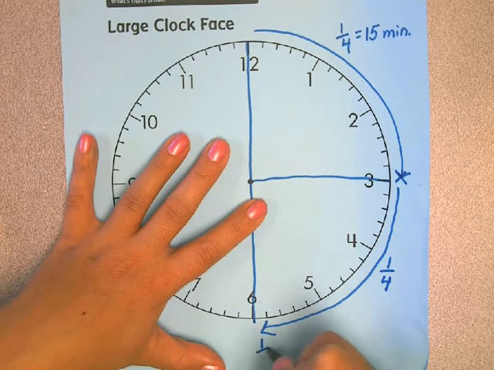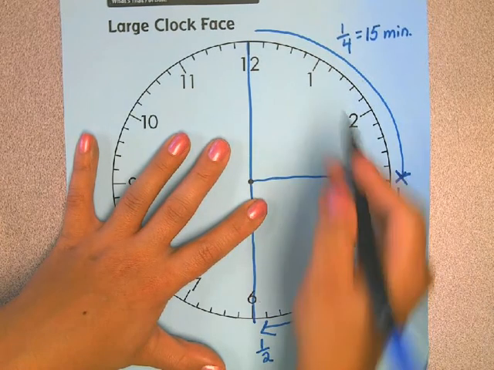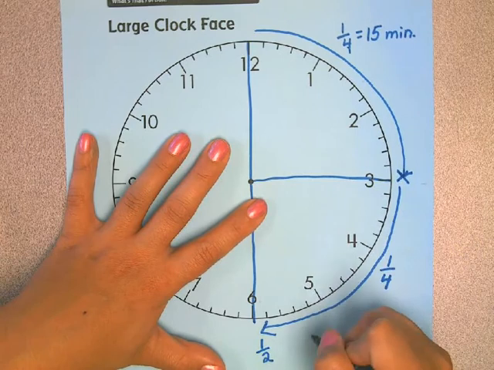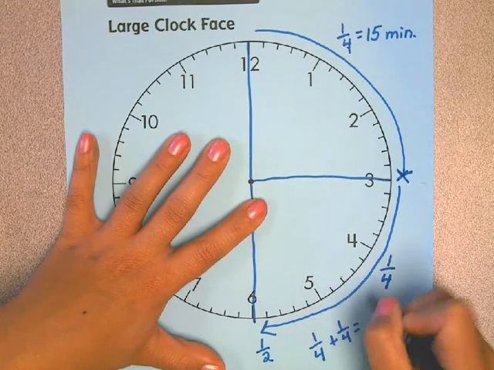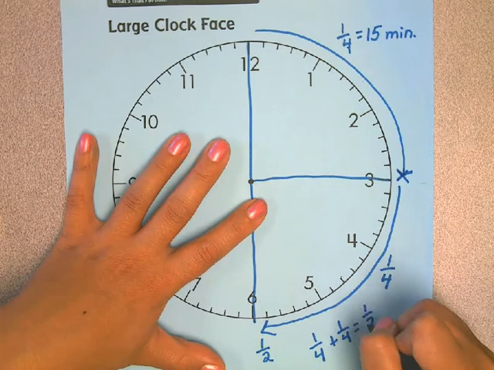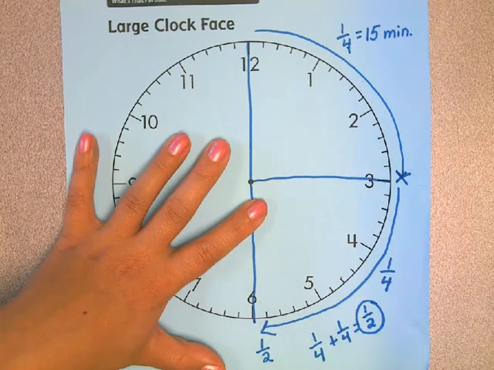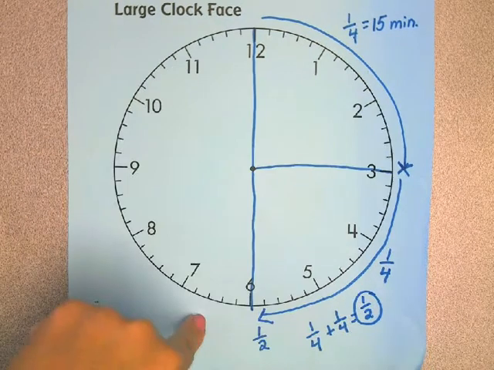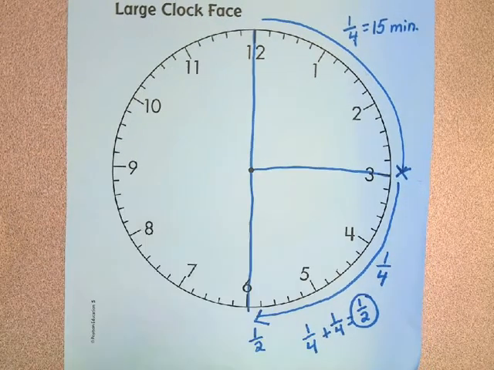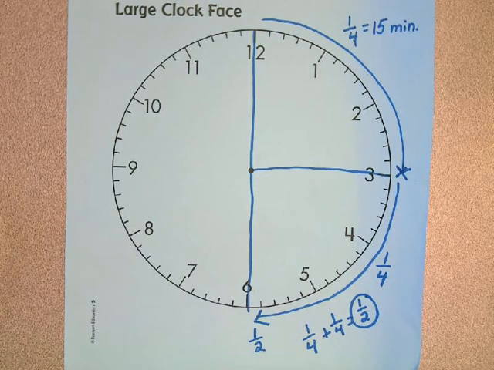Brandon. You've now traveled a half. So you've just shown me 1/4 plus 1/4 equals 1/2. But we're adding fractions. But you're right, 30 minutes if we were thinking about time. Okay?